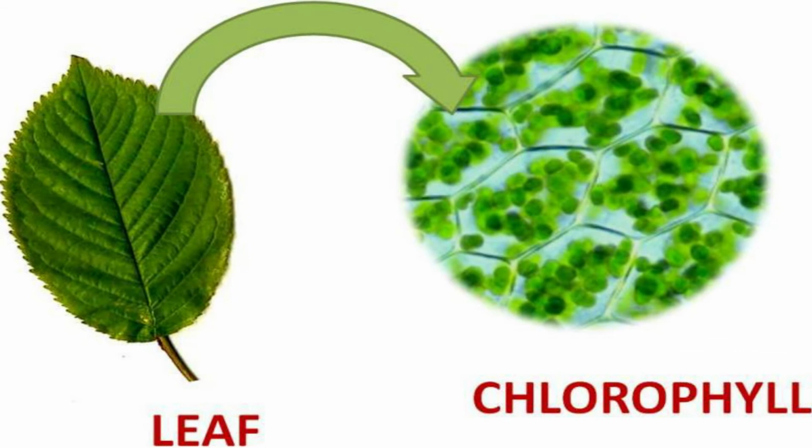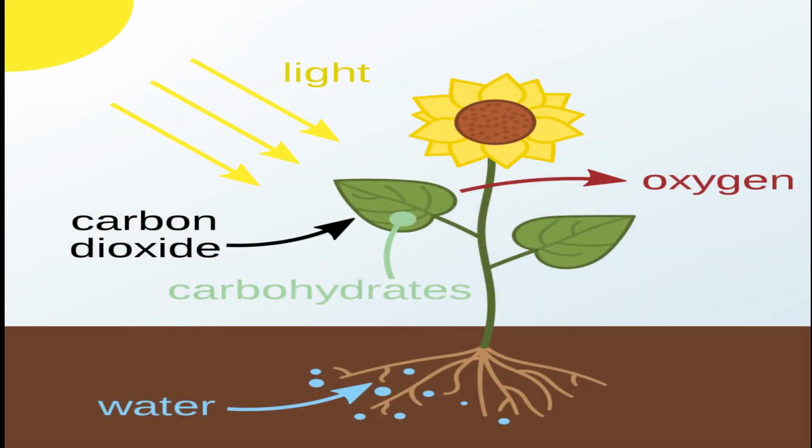The leaves contain a green substance called chlorophyll. Due to the presence of this chlorophyll, most of the plants are green in color. The chlorophyll present in leaves traps sunlight and uses it to make food.